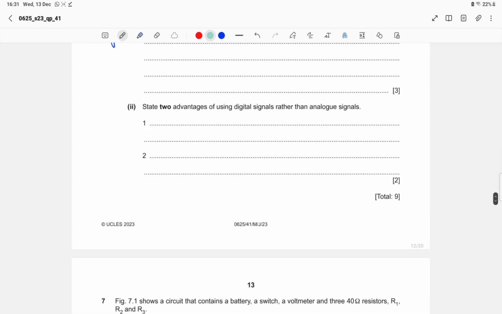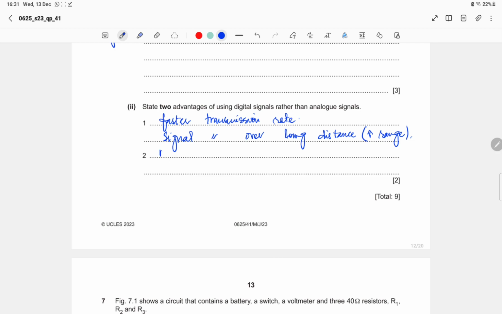State two advantages of using digital signals rather than analog. So, they are good for transmission, with a faster transmission rate. Second, signal transmission over long distances, or they have more range, or you can say higher range.